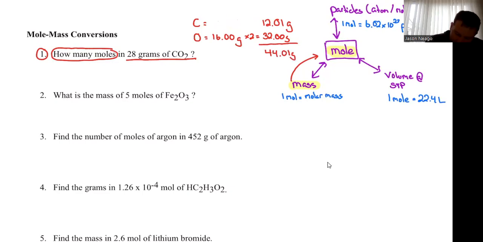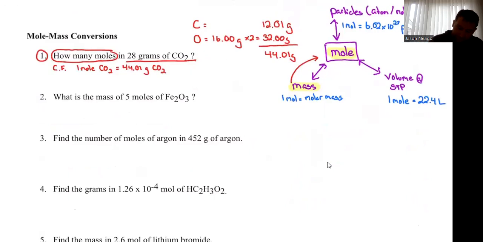For my conversion factor, once again, it's a good habit to write down your conversion factors. 1 mole of carbon dioxide, CO2, is equal to the molar mass, which is 44.01 grams of CO2.